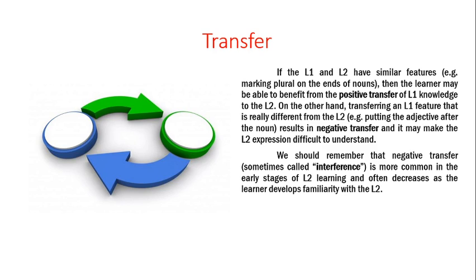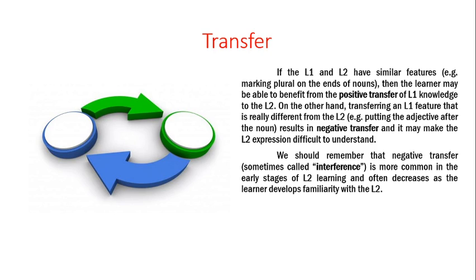Transfer. If the L1 and L2 have similar features, for example marking plurals on the end of nouns, then the learner may be able to benefit from the positive transfer of L1 knowledge to the L2. On the other hand, transferring an L1 feature that is really different from the L2, putting the adjective after the noun, results in negative transfer and may make L2 expression difficult to understand.